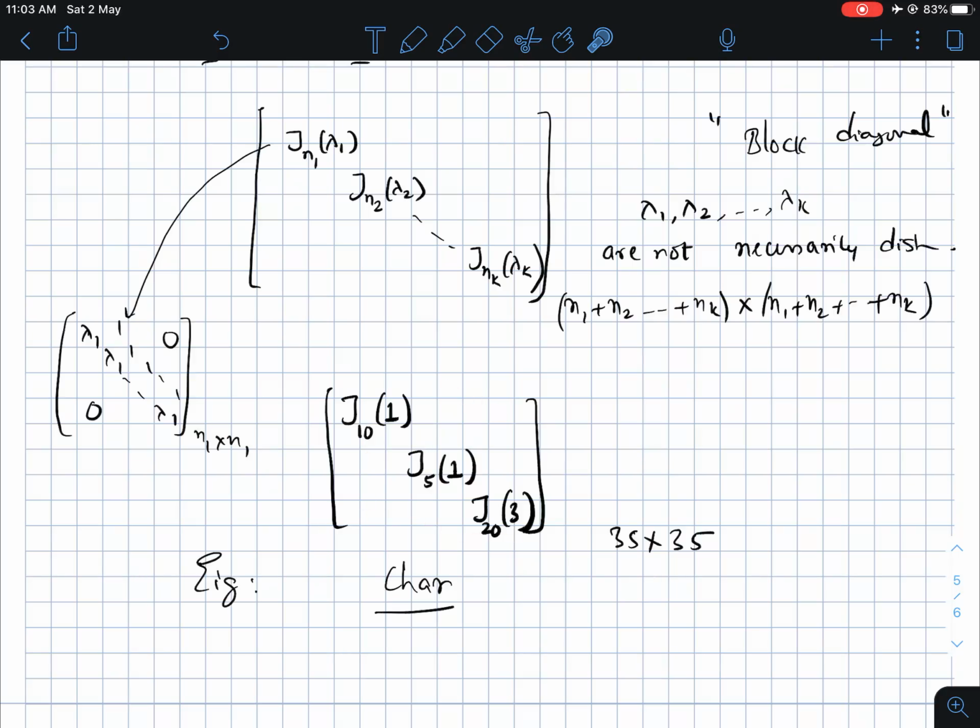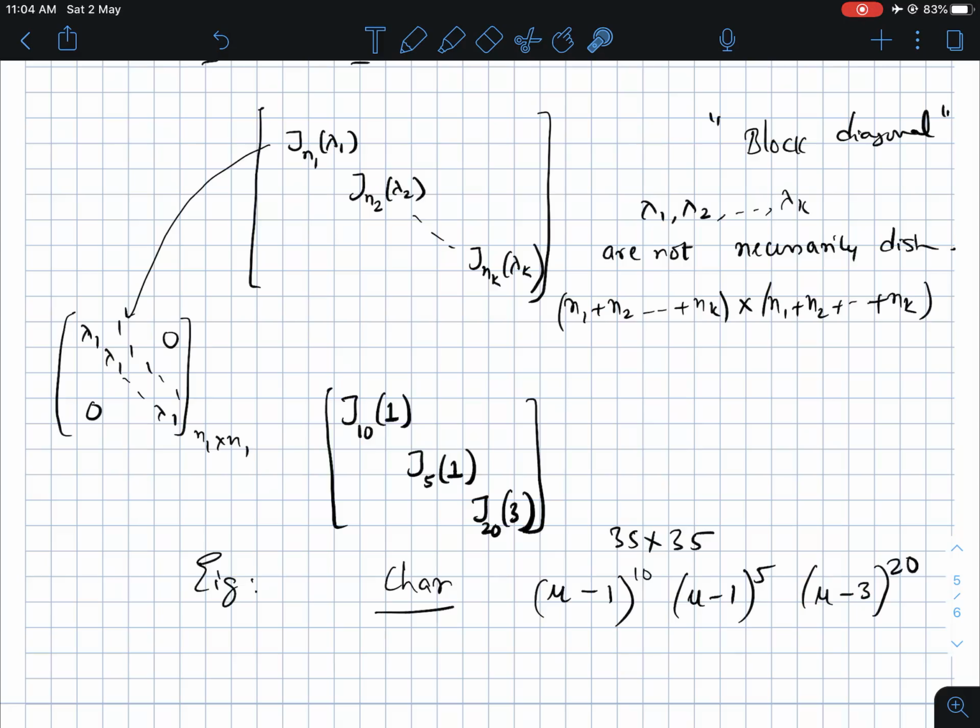So finding the characteristic polynomial is quite simple. All you need are the diagonal entries. In this case, you will get (mu minus 1) to the 10 times (mu minus 1) to the 5 times (mu minus 3) to the 20, is it not? Because here 1 is on the diagonal, so mu minus 1, there are 10 of them, so (mu minus 1) to the 10. Similarly here 1 is on the diagonal, so (mu minus 1) to the 5, and (mu minus 3) to the 20.